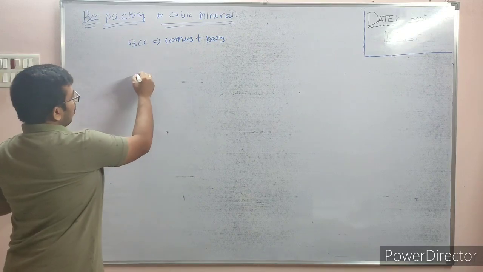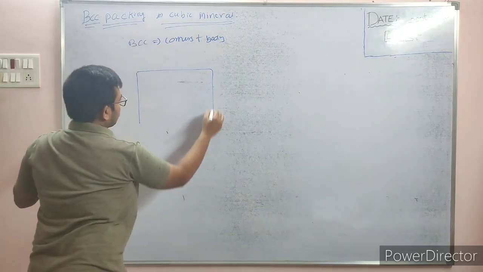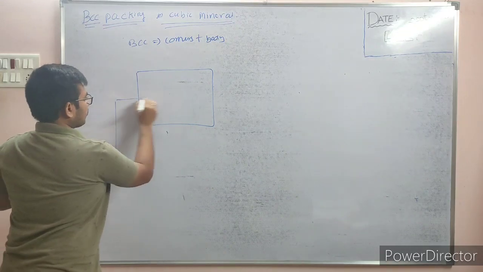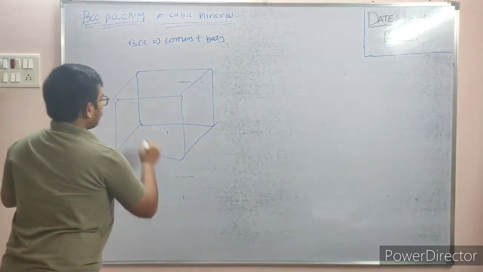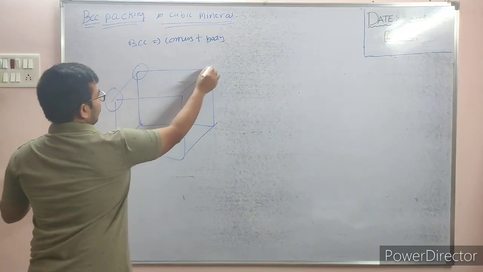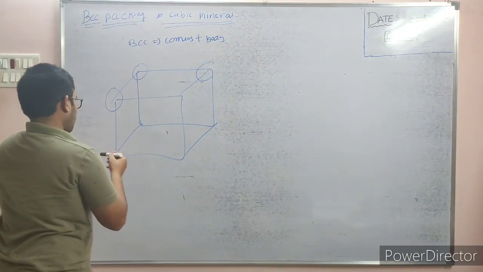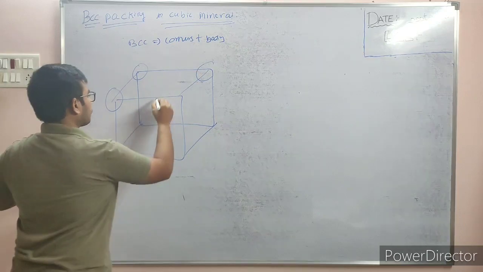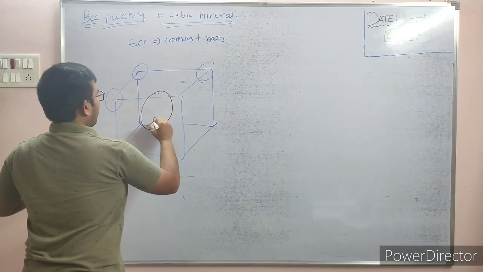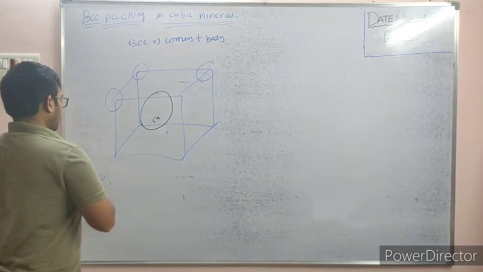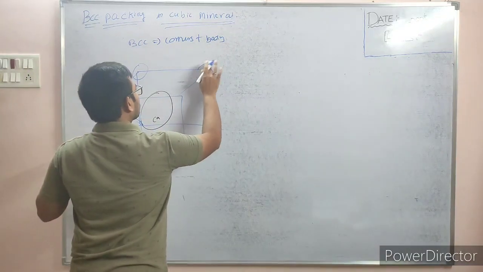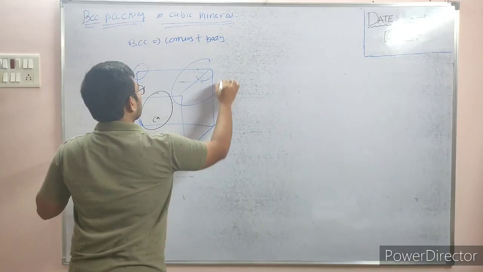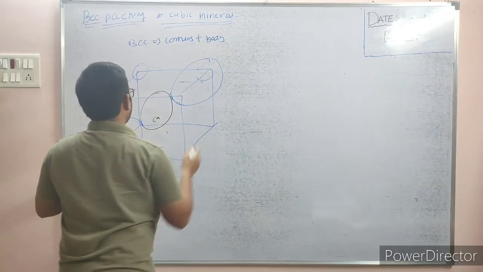So how will you draw the diagram? Like this, a cube, right? So at the corners we have atoms, and at the body, suppose this is a cation which is present at the body, and the anion is like this. These three are actually touching.